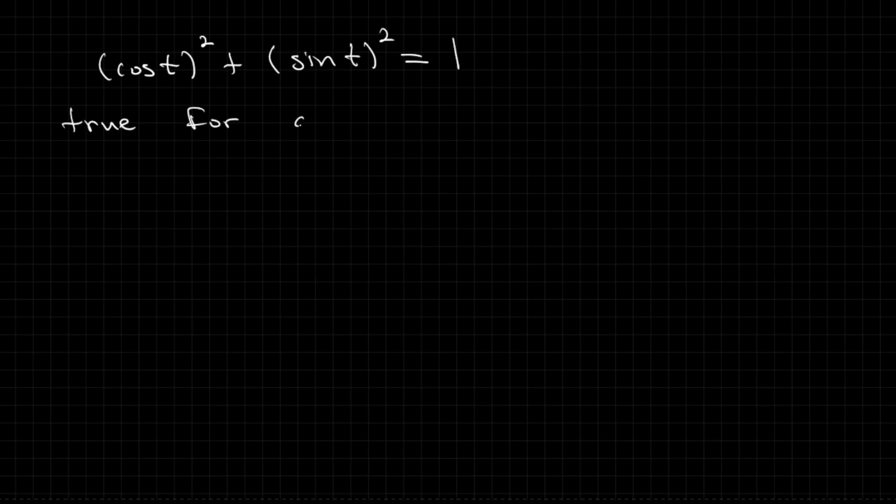So let's go ahead and do that, replacing x with cosine of t and y with sine of t. That has to be 1. And this will be true for every t. This is true for any angle t. And this is called the Pythagorean identity.